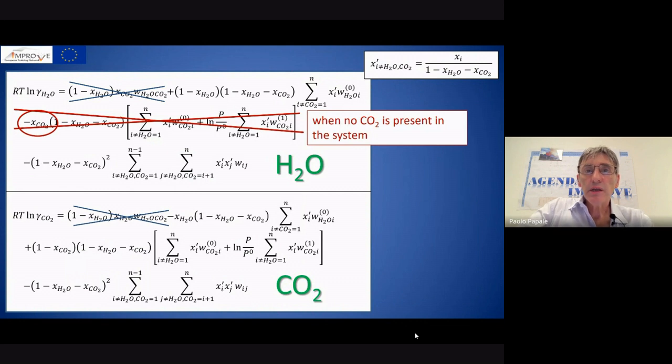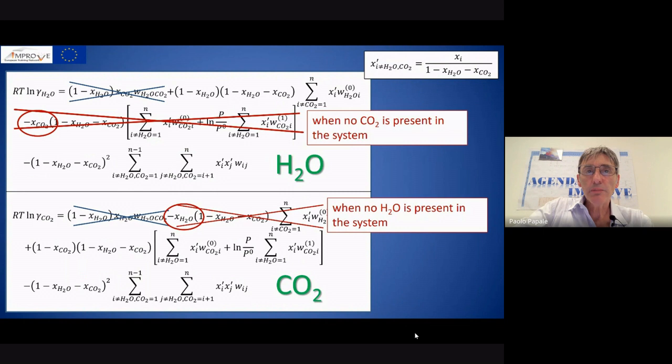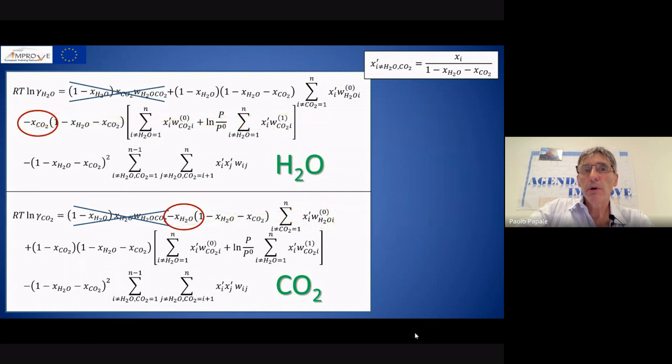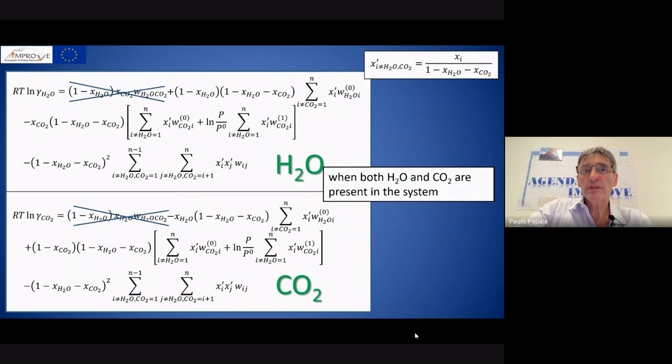Similarly, in the expression for the activity coefficient of carbon dioxide, there is a term which is multiplied by the dissolved amount of water, and which therefore vanishes when computing carbon dioxide solubility. Instead, when dealing with mixed water-carbon dioxide saturation, both terms are present.